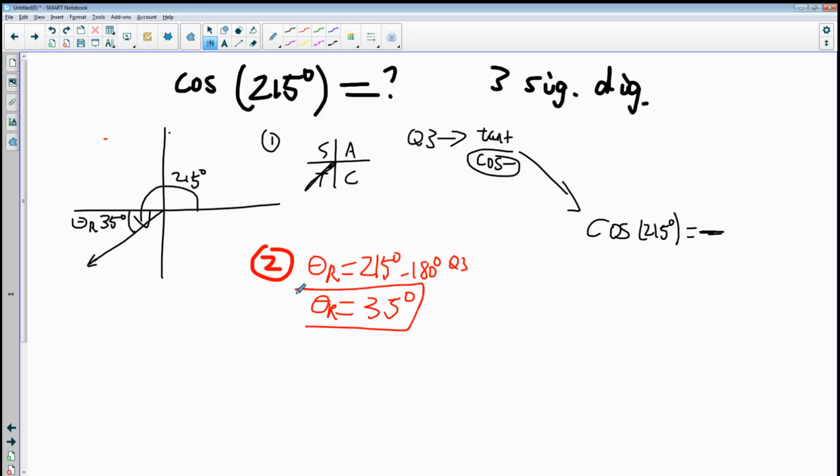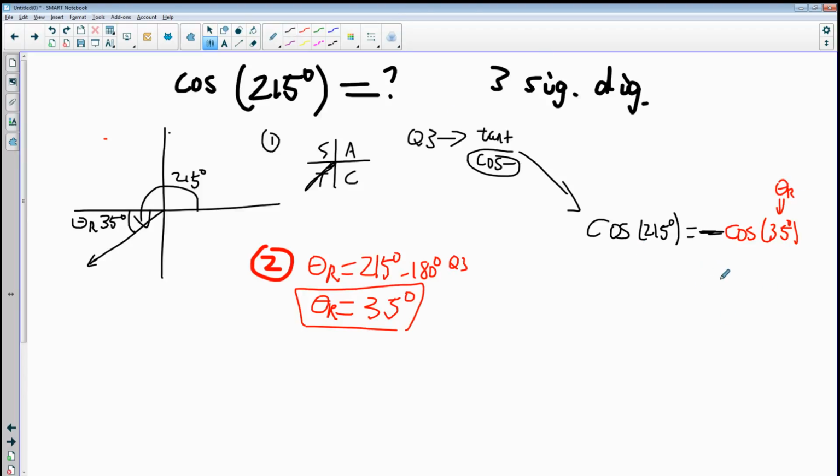The trig ratio of the reference angle is the same as the actual angle up to a sign, so cos 215 is, in quotation marks, equals cos 35. But let's not write it here. Let's go straight to our actual expression, which means we know it's negative, and the value is cos of 35 degrees. Remember, this is our theta r.